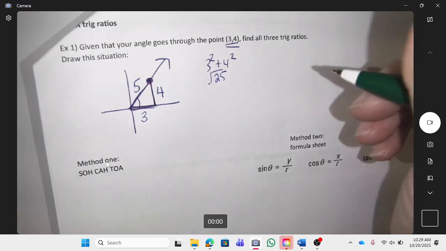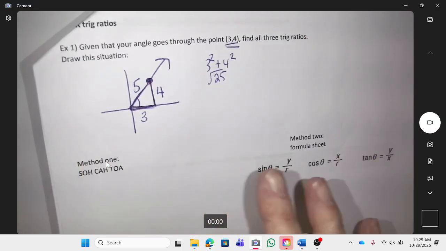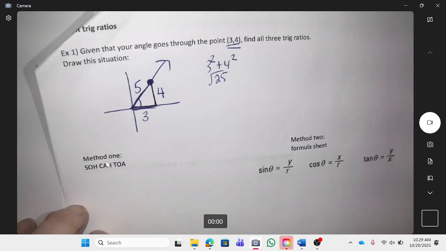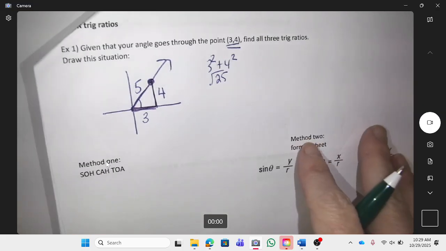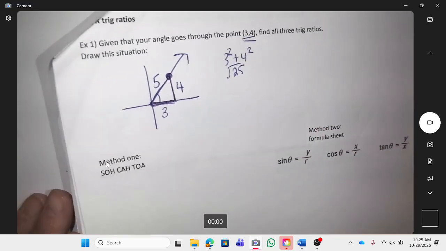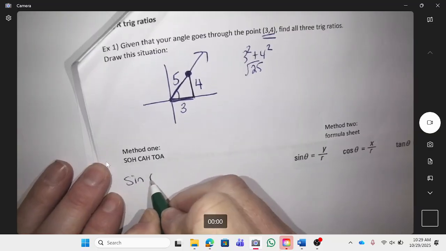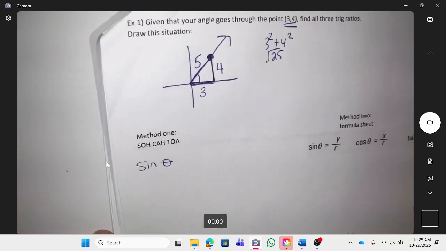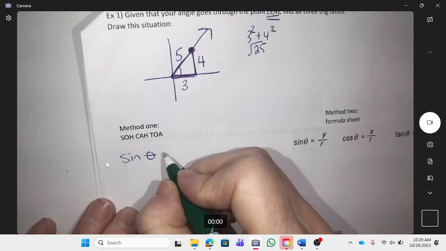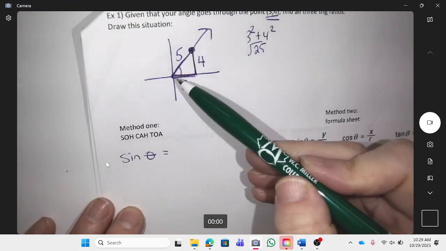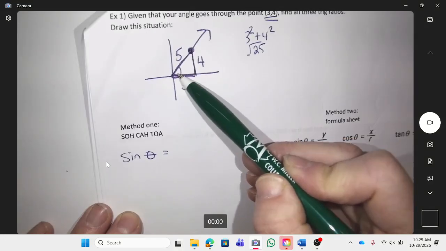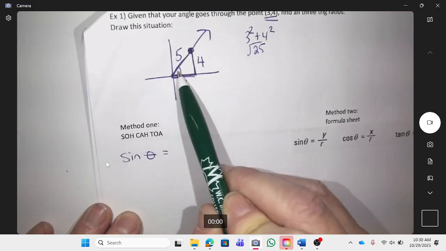Okay, so we're going to get the trig ratios, and I'm going to show you how your grade 10 brain can do it, but I also want to show you where I want you to go with it moving forward. In grade 10, you learned this. The sine of the angle, and you use SOHCAHTOA, remember? Equals. From this angle, which side is opposite? 4 is opposite.